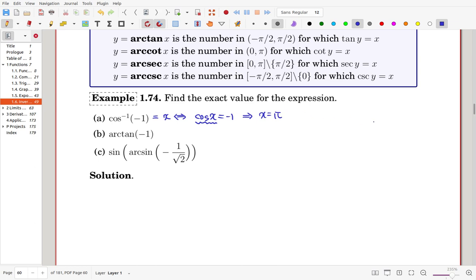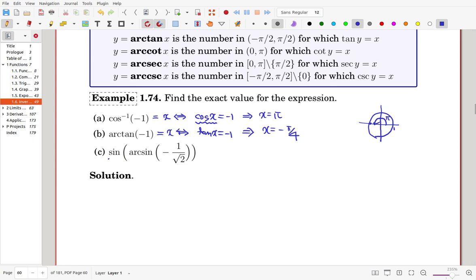If you use a circle of radius 1, here -1 is that point, so the angle from here to there is pi. Now, if we put this one as x, then it's the same as tangent of x equals -1, and slope -1 is possible when x equals minus pi over 4. Quite easily you can get it.